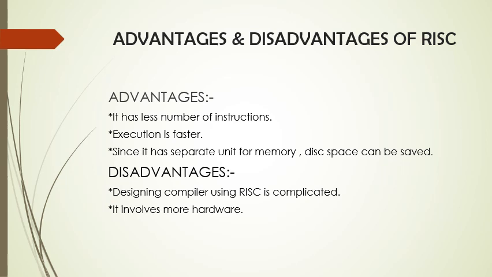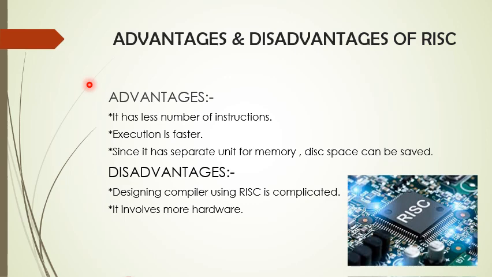Advantages and disadvantages of RISC. So let's look at a few advantages and disadvantages of RISC. The advantages of RISC are: RISC instructions are simple and can be hardwired, reduced complexity of control unit, shorter design cycle, compilers produce more efficient code, the loading and decoding of instructions in a RISC processor is simple and fast, it has fewer instructions, execution is faster since it has a separate unit for memory, and disk space can be saved.